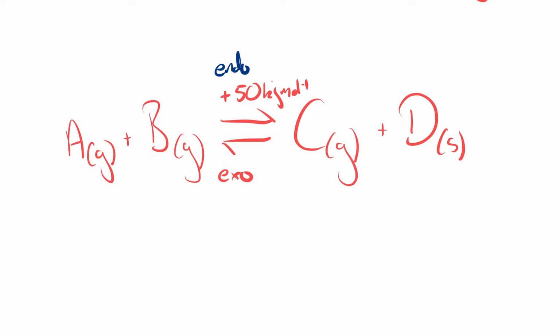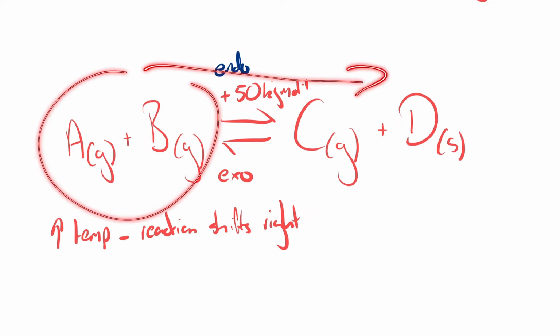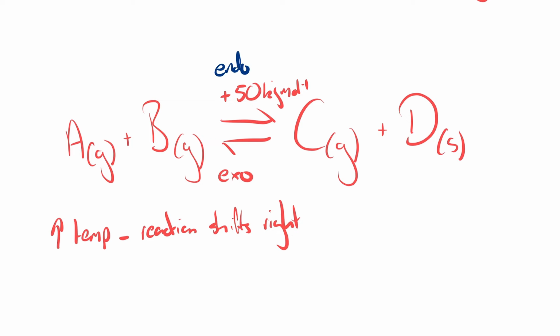Now, what does that mean? Here, if we increase the temperature, the reaction's going to shift to try and decrease it. So in that case, the endothermic is going to absorb the extra heat energy. So if we increase the temperature, reaction shifts right. So it moves from this side to this side, which means more.